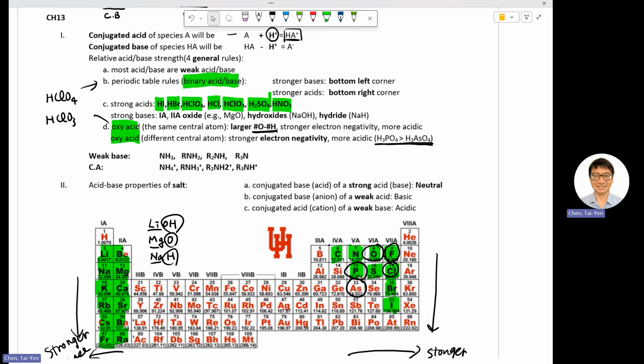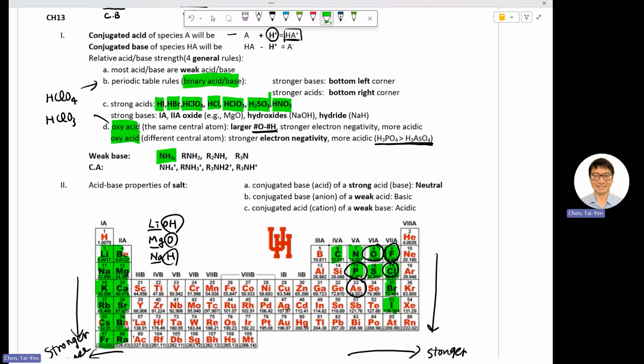After we know these 4 rules, I want to also specifically talk about a very special base. A very special weak base that's going to show up in all the questions you're going to see in chapter 13. So that special base is called the amine.